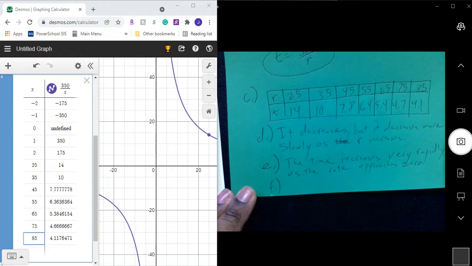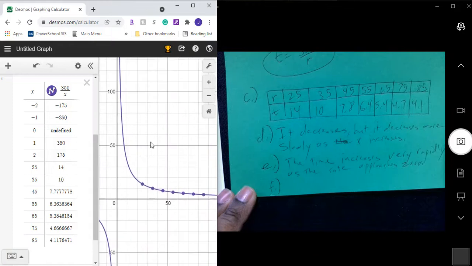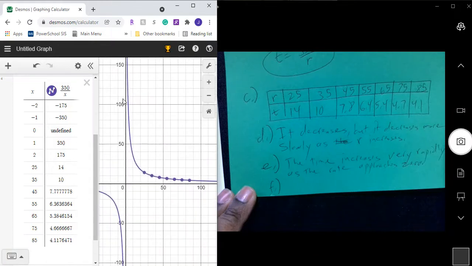So we go here to F. It says, what is the practical domain? Now, when you're talking about a practical domain, you're basically looking here in quadrant 1, because one thing we know is that our rate of speed cannot be negative. And we also know that according to our table, we only went to 85.